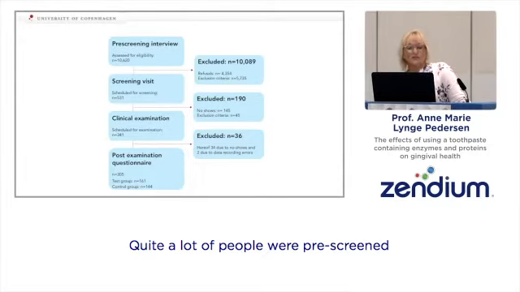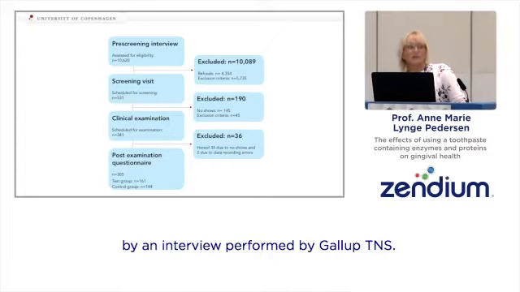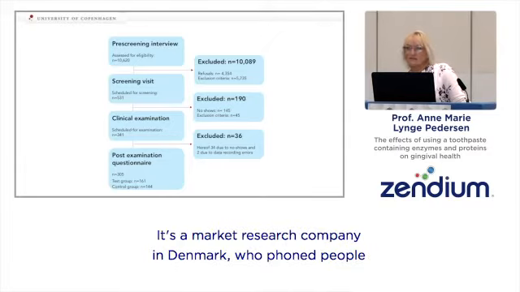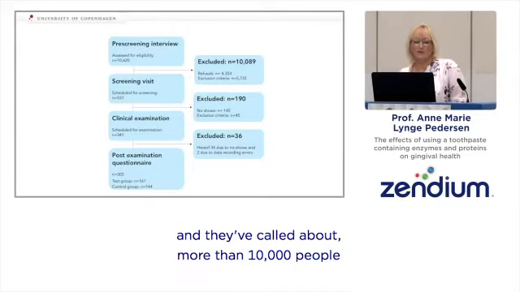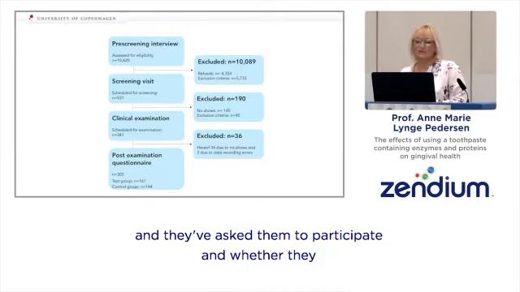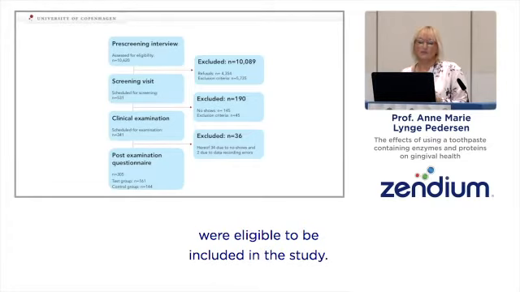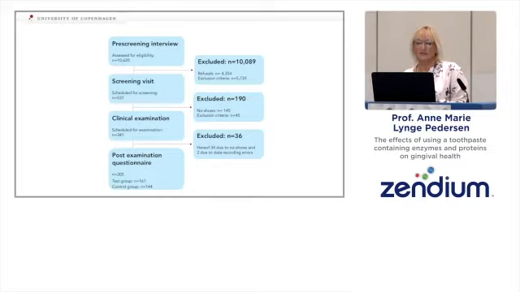Quite a lot of people were pre-screened by an interview performed by Gallup TNS. It's a research market company in Denmark who phoned people, and they've called about more than 10,000 people and asked them to participate and whether they were eligible to be included in the study.